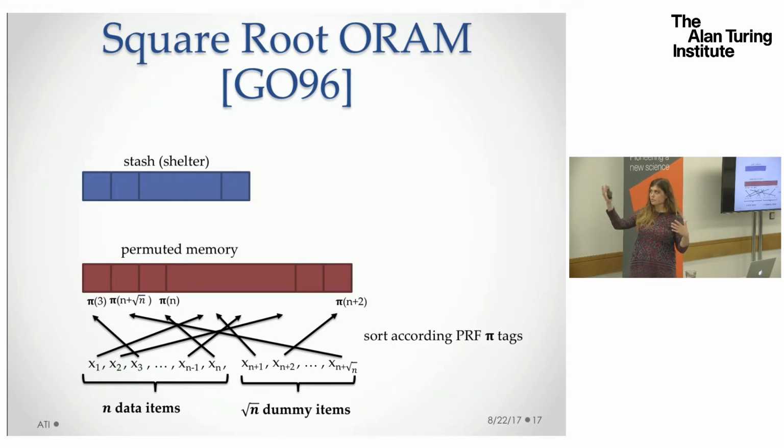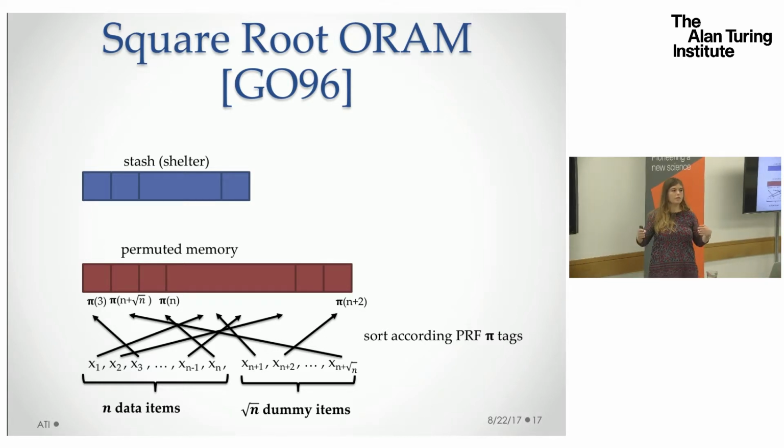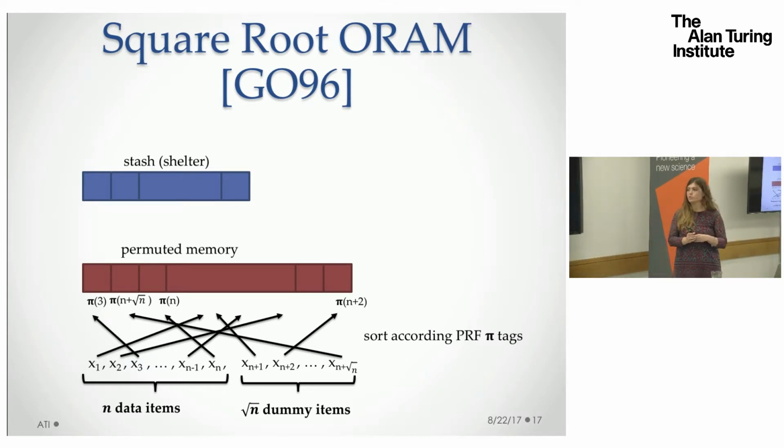The way this was described in the square root ORAM was that you come up with a pseudorandom function. A pseudorandom function, for those who don't know, is a keyed function that has the property that its output is indistinguishable from a truly random sequence. So we come up with a PRF, and based on this PRF we compute tags for the items, and then we sort the items according to their tags. This gives you the permutation that determines how to put these items in the main memory.